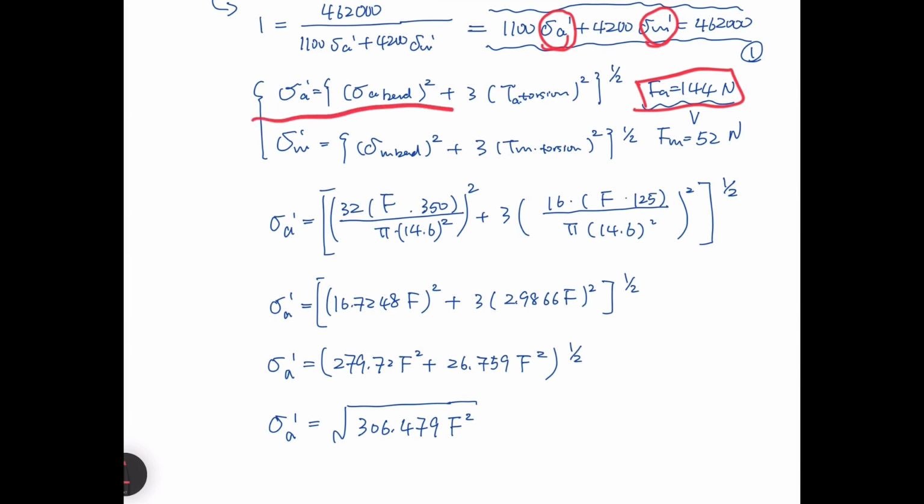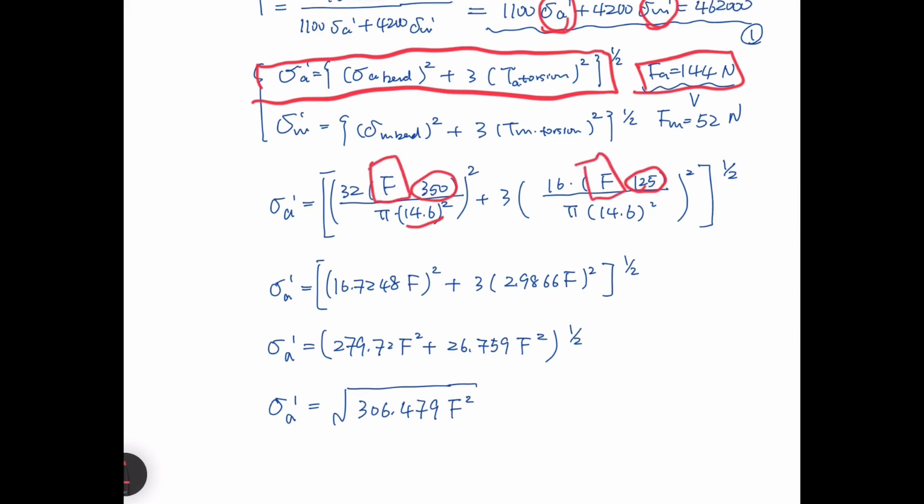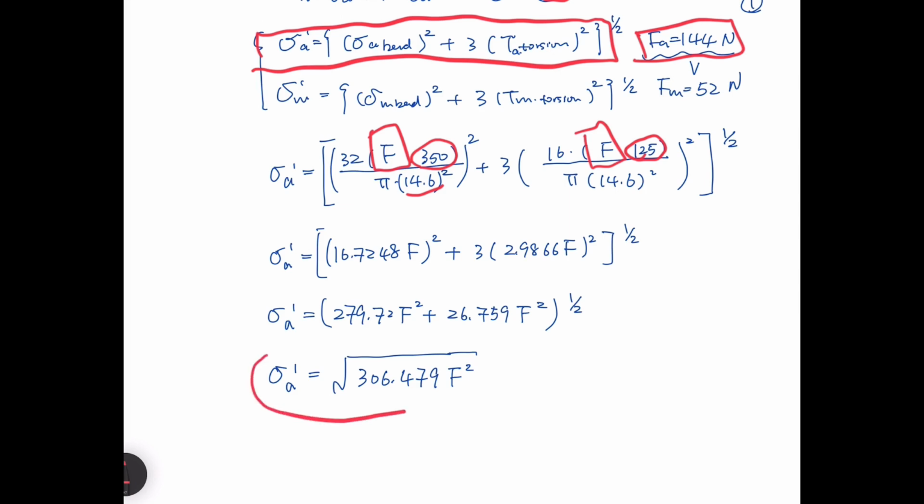So we're going to focus on this equation. That's for the Fa, and because now we are trying to calculate the force, the force is the only variable in this case, because other things are not changing. The diameter stays the same, the distance and the radius are always the same. So the only variable is the F in this case. And then after we solve for F, we have the stress A prime equals the square root of 306.4 times F square.